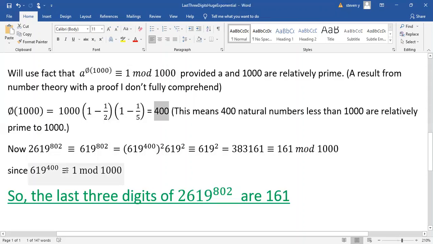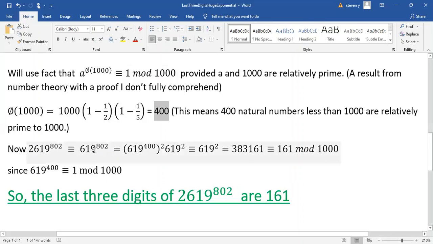I can't make them both stay highlighted, I guess. But this humongous number, 619 to the 400 power, leaves the remainder of 1 when you divide it by 1,000, all by this result, Euler's result.